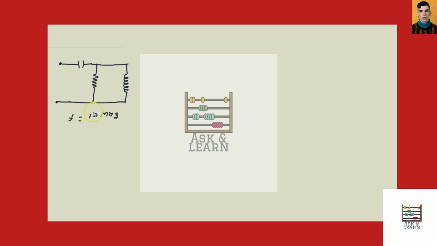The value of the inductor is 20 microhenry and the resistor is 300 ohm, and the value of the capacitor is C. We have to find the value of the capacitor so that the circuit will be purely resistive at the frequency of 10 megahertz.